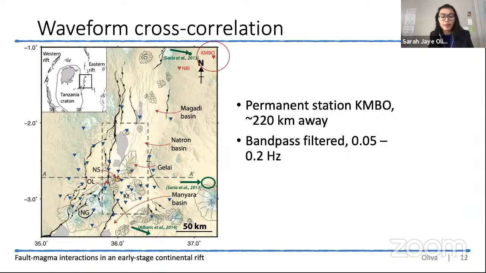And we bandpass filtered the earthquakes to the same frequencies used for the moment tensor inversion. The goal was to see if any of these past earthquakes matched on the three component waveforms any of our well-studied earthquakes in 2013 to 2014.